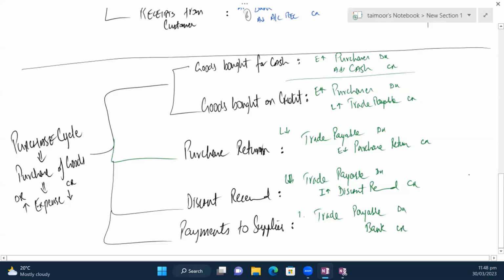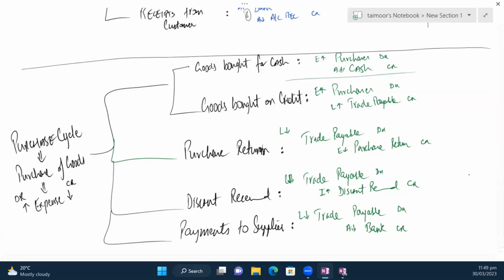This is liability decrease, asset decrease. Why is it? Because again, you are paying your supplier, so your liability is decreasing, or in fact, if you are paying in full, your liability is completely eliminated. This particular liability is completely gone because now you are no more liable to pay that person.